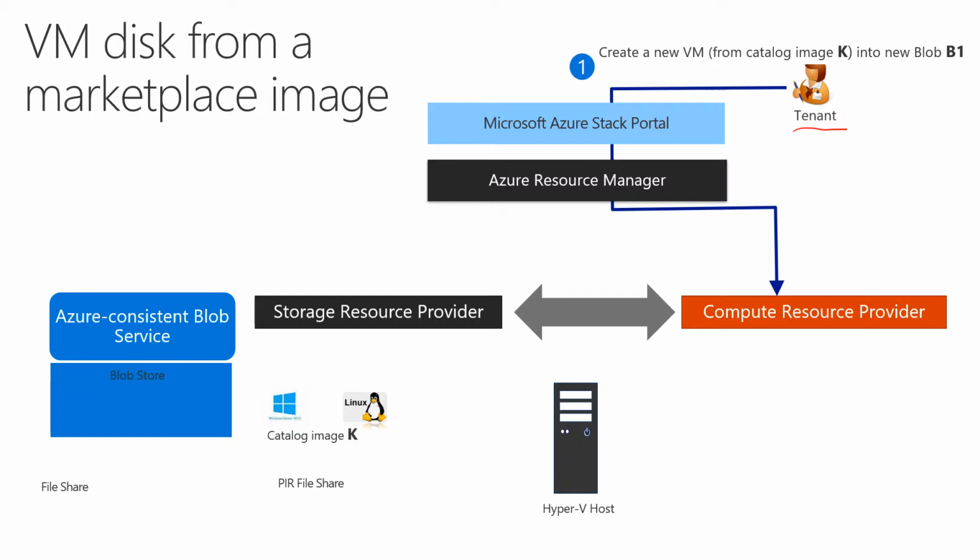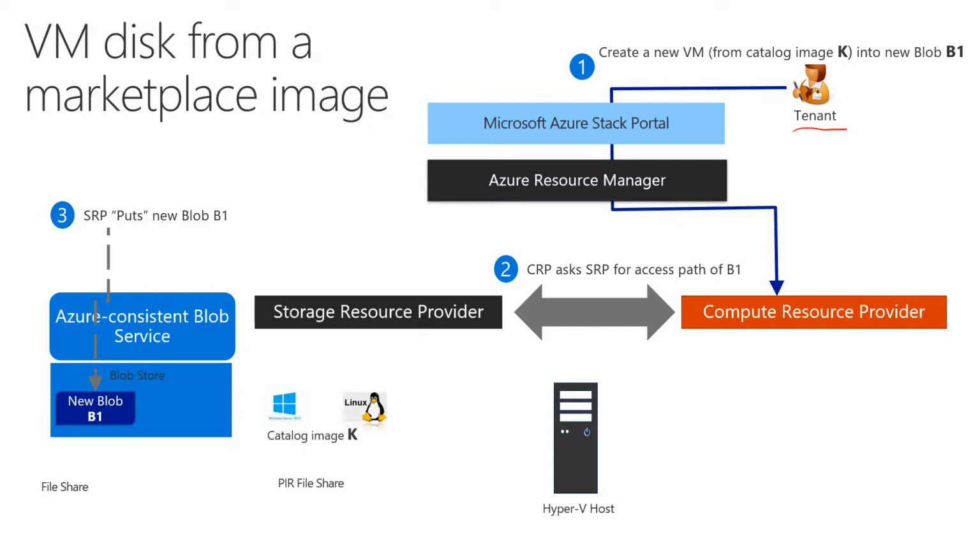So it doesn't matter if we use a portal or PowerShell, everything goes through the Azure Resource Manager. The Azure Resource Manager now translates it into commands for the compute resource provider, the CRP, and the CRP interacts with the storage resource provider.